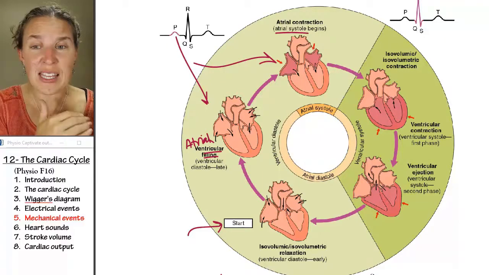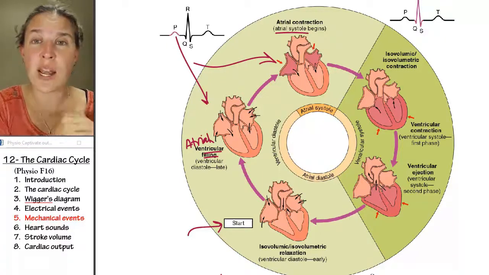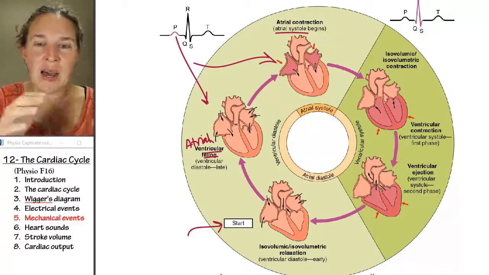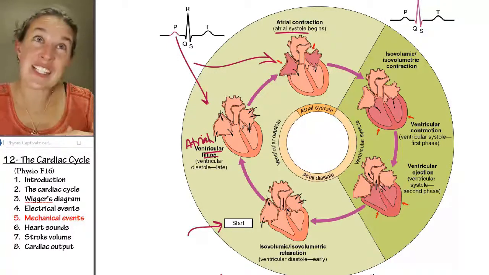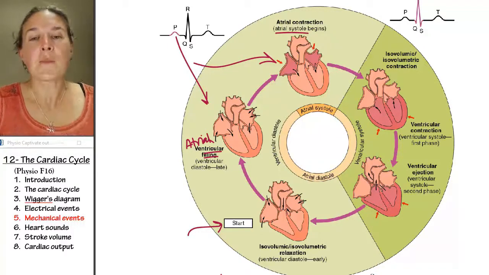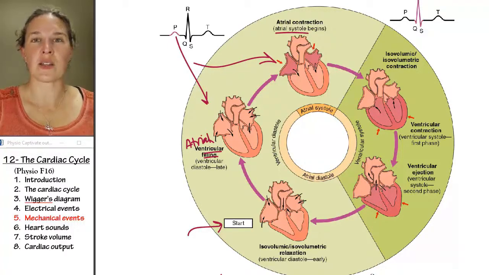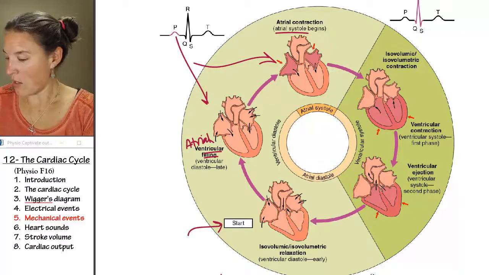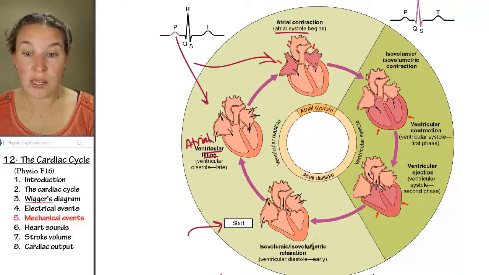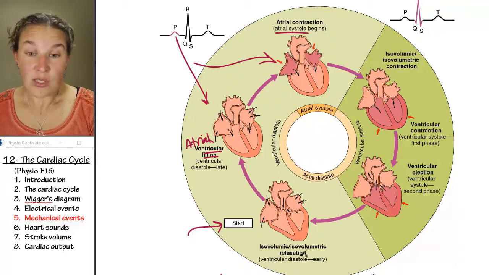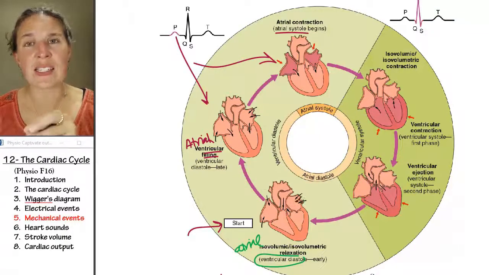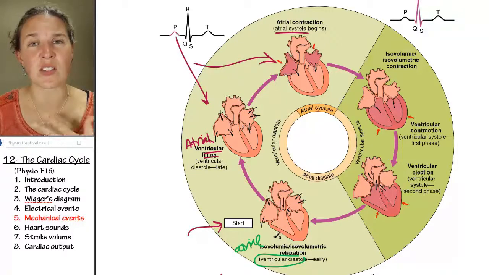Stop and go back and see if you can figure out what happened right before this, because all of it has this really lovely cause and effect. Like first this happens, then this happens. We're going to start with complete relaxation of your atria and your ventricles, and we're going to call it ventricular diastole and atrial diastole. So the whole thing should be relaxed where we're going to begin this conversation.